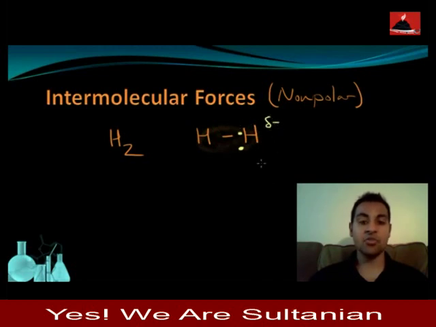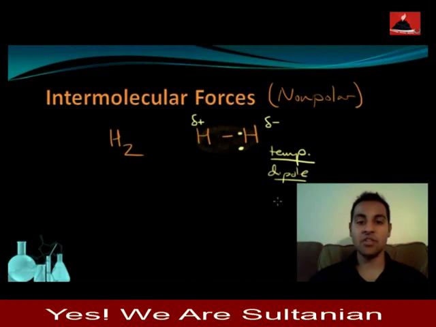That's going to give this hydrogen a partial negative charge, and it's going to give the hydrogen on the left a partial positive. Now, these partial negative and partial positive dipoles are only temporary. They will go away as soon as the electrons move to a new position. But for this moment in time where there is a dipole present, we have a temporary dipole.